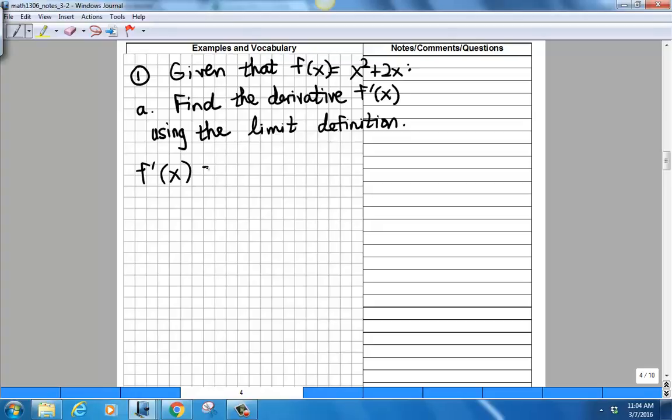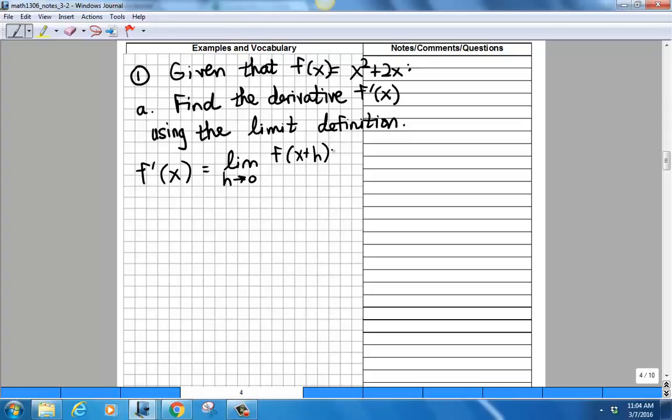So let's apply now our limit definition again. So we would take the limit as h goes to 0 of f of what? x plus h, that's right. Do not pick a specific value for x. Just keep x as a variable. All right?